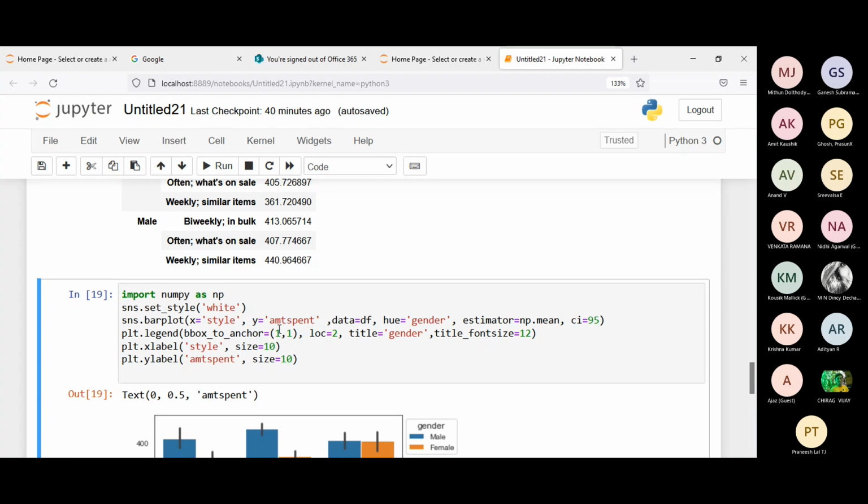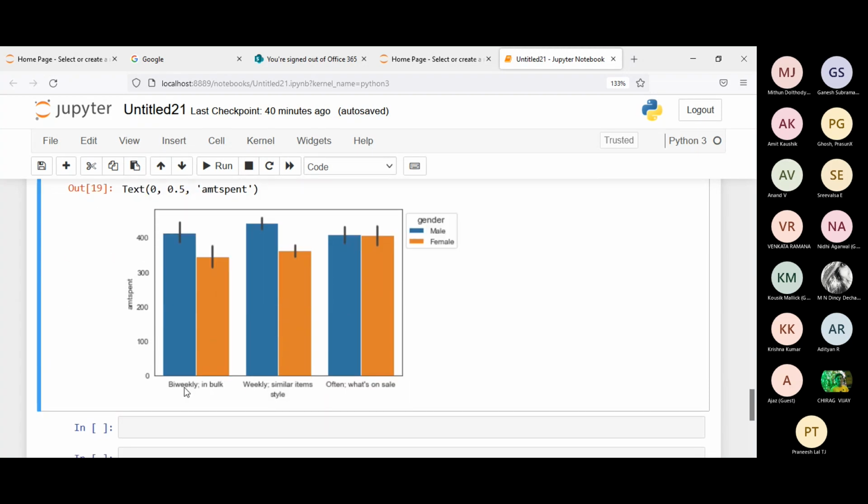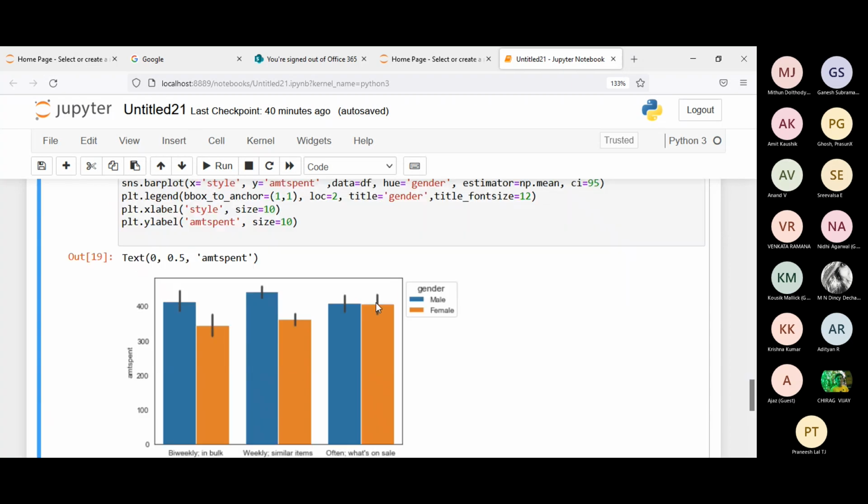So this is what it is telling you. Look at bi-weekly, you have two bars. Blue corresponds to males, orange corresponds to females. From among the bi-weekly customers, the blue one outperforms orange, which means men tend to outbuy women. The amount of money that men spend is higher. Same thing with weekly customers, but when it comes to often they are neck and neck.